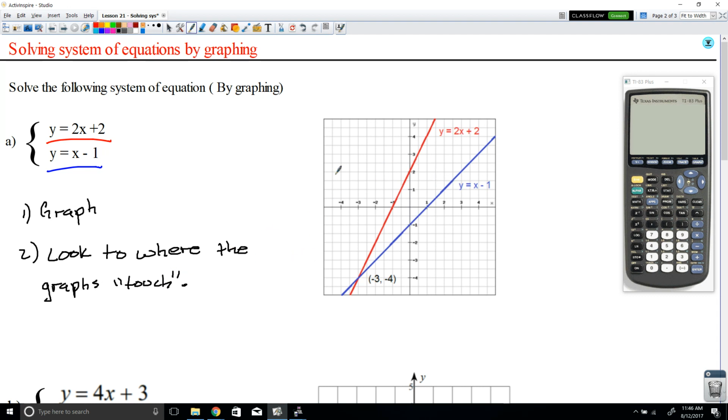Where do both equations intersect? Notice that exactly at this point, the red graph touches the blue graph, and nowhere else, just at this point. So this point is going to be our solution. The solution is right here. The third step is just to identify the solution, which we already did.